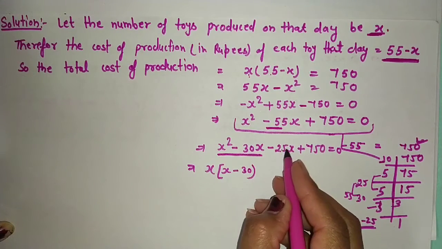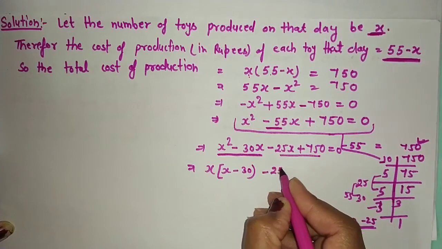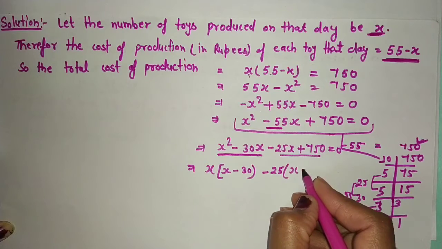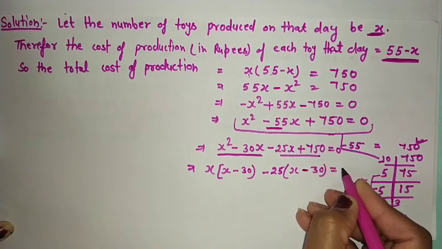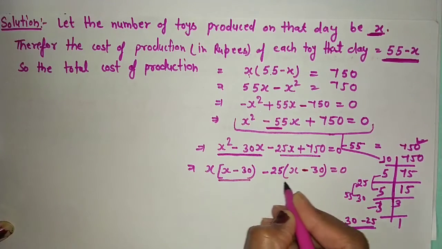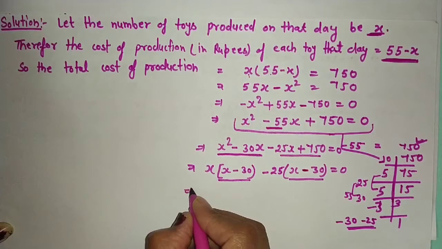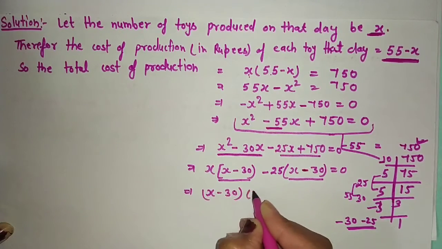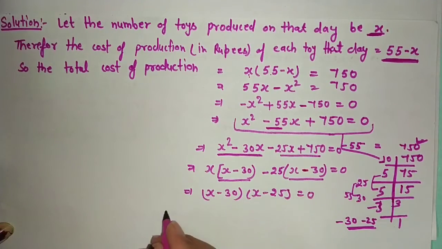By taking minus 25 as common in these two terms, the remaining is x minus 30, equal to 0. Taking x minus 30 as common in these two terms, the remaining is x minus 25 equal to 0.